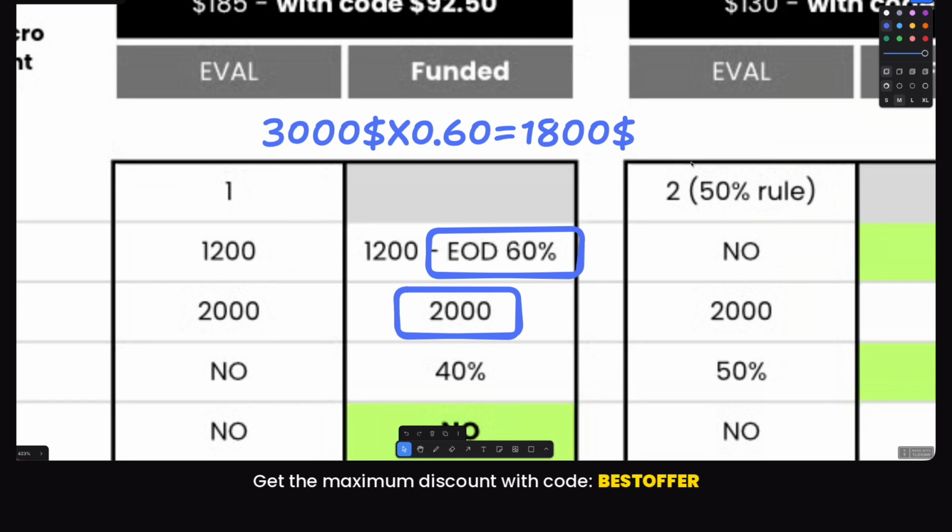So your daily loss limit keeps moving while you gain profits. And a great thing is that this does not decrease. So you reached 3,000. You get a new daily loss limit of 1,800. Now, if your profits drop, your daily loss limit is still $1,800, right? So that's great.